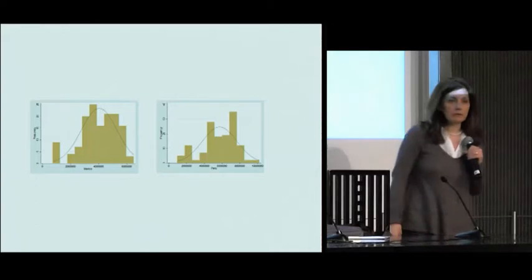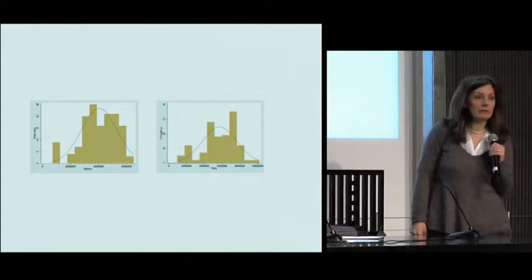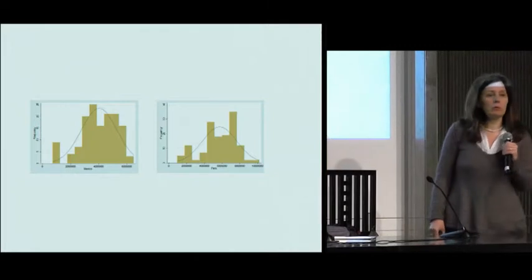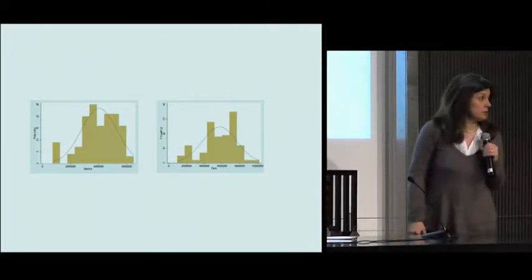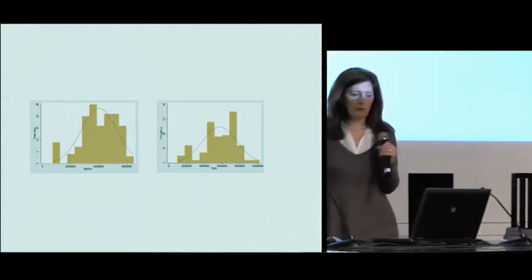We know from financial economics that investors prefer leptokurtic distributions to platykurtic distributions because they denote a lower variance and more reliability when it comes to returns.